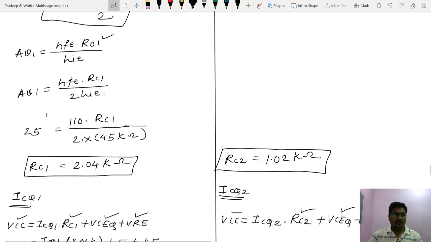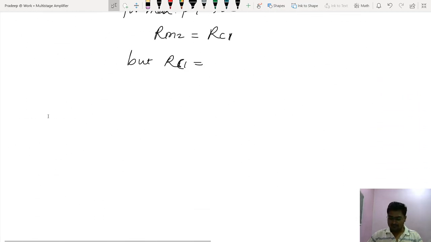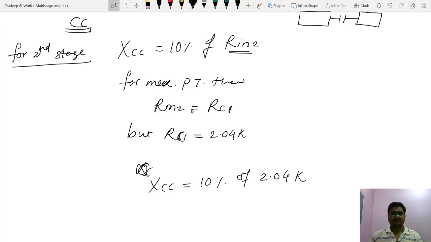Okay, RC1 is 2.04K. Now look at this. It means that XCC is 10% of 2.04K.